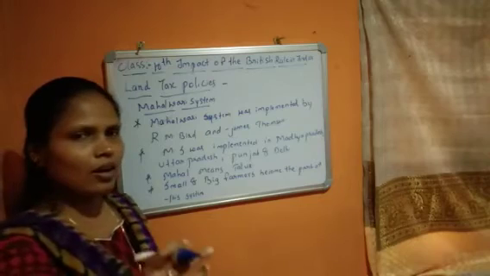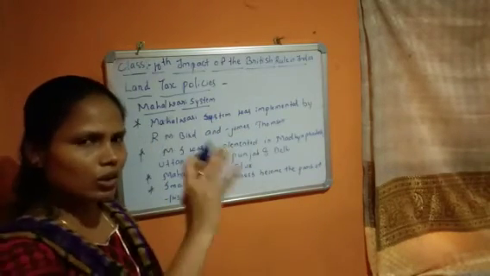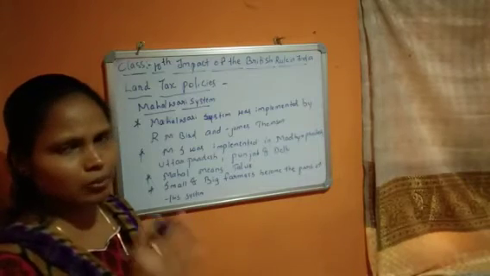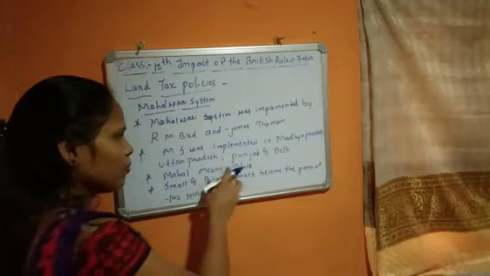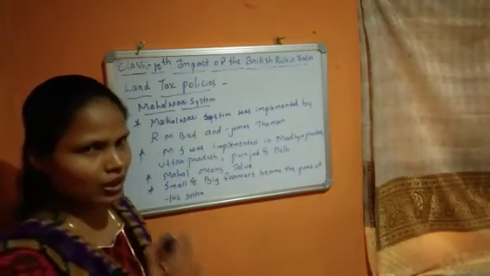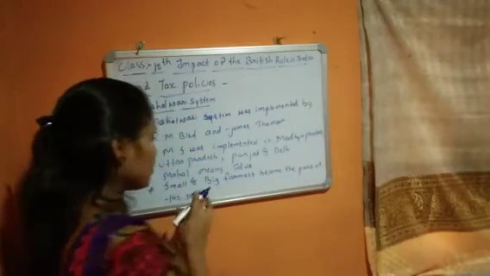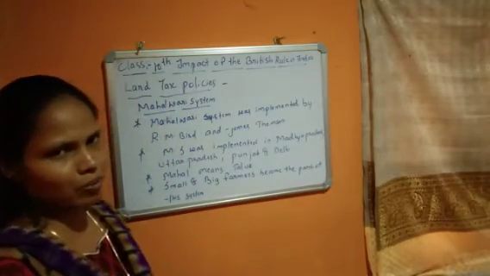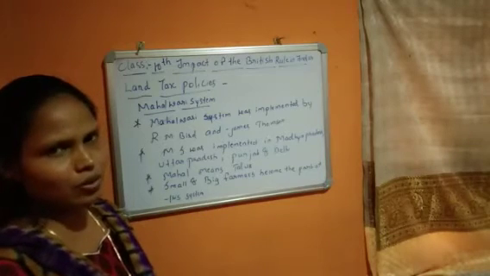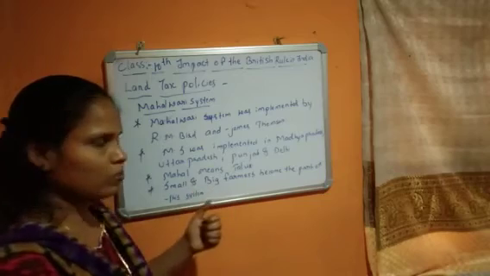Tax was fixed for the whole Mahal, so the local zamindar was responsible to collect taxes from each taluk. Both small and big farmers had to pay tax to local zamindars. Okay, clear all those points.